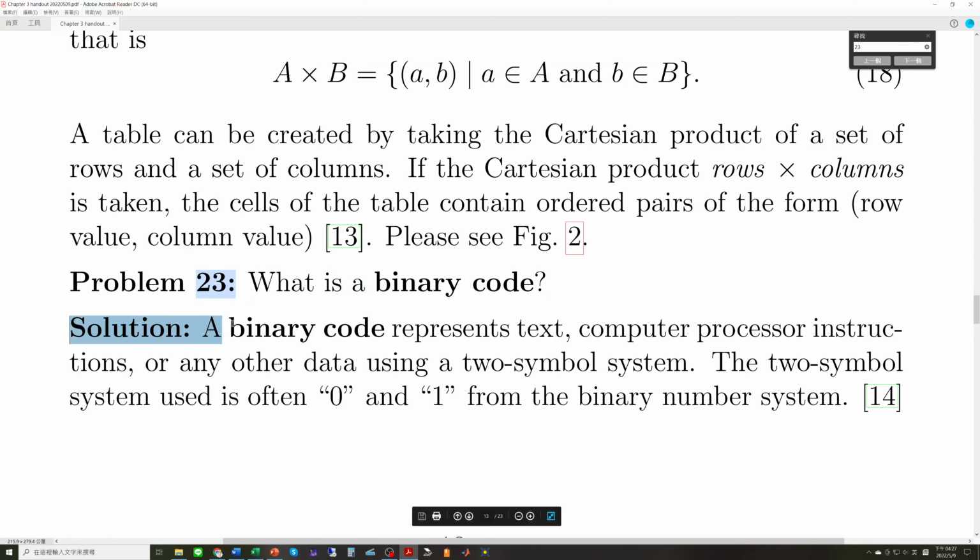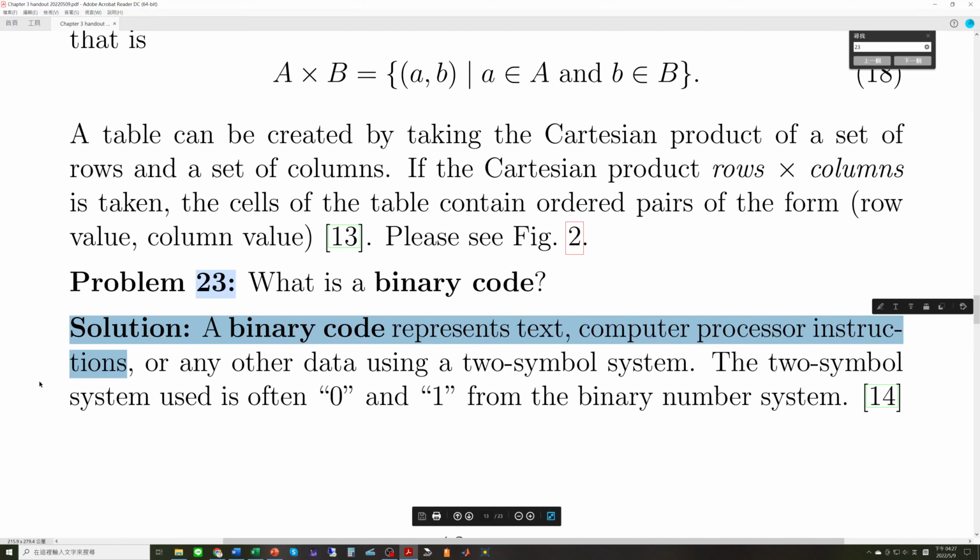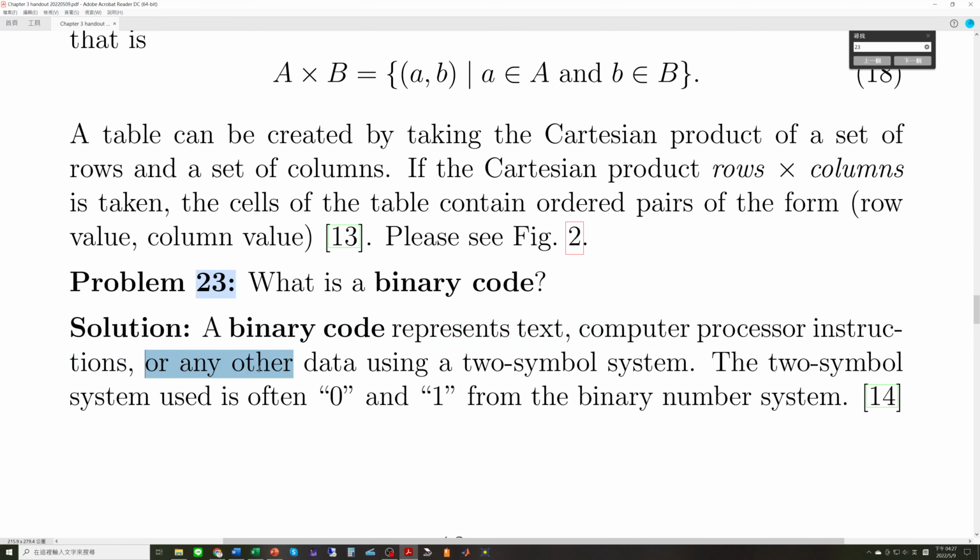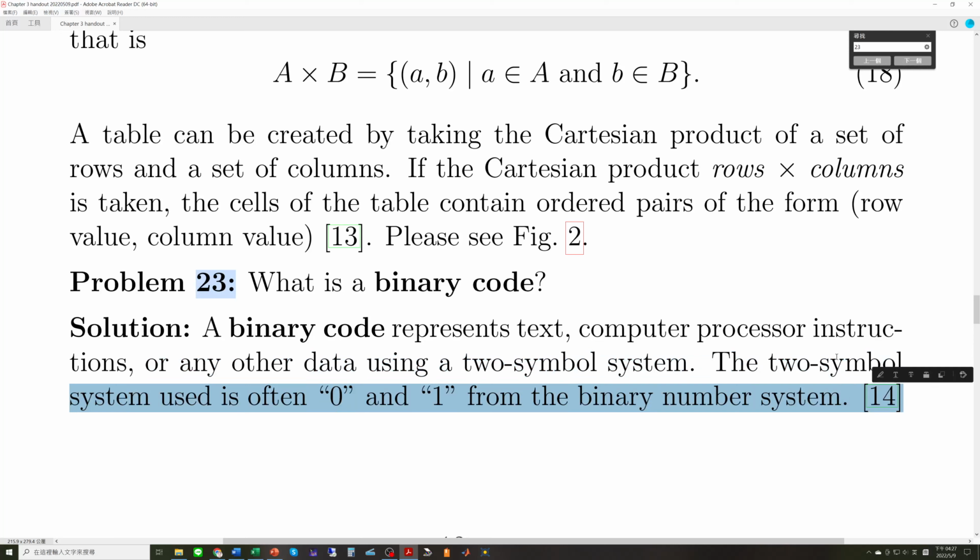Solution: a binary code represents text, computer processor instructions, or any other data using a two-symbol system. The two-symbol system used is often 0 and 1 from the binary number system.